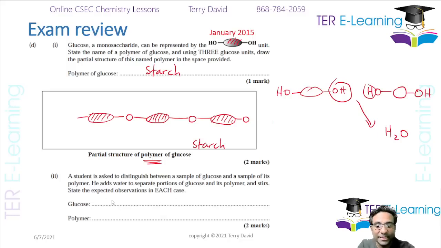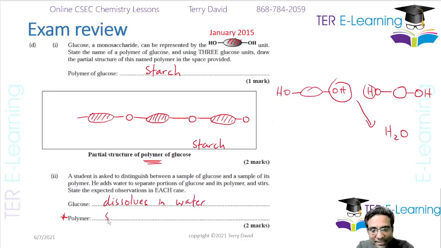So they want the observation in each case. So glucose dissolves in water. So that's my observation here for this part. Glucose dissolves in water. In the case of the polymer here, the polymer we're talking about is starch. Now starch is something that is insoluble in water, right?